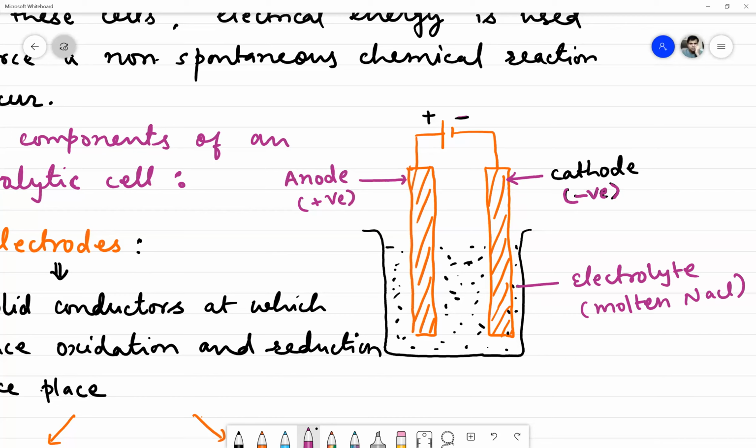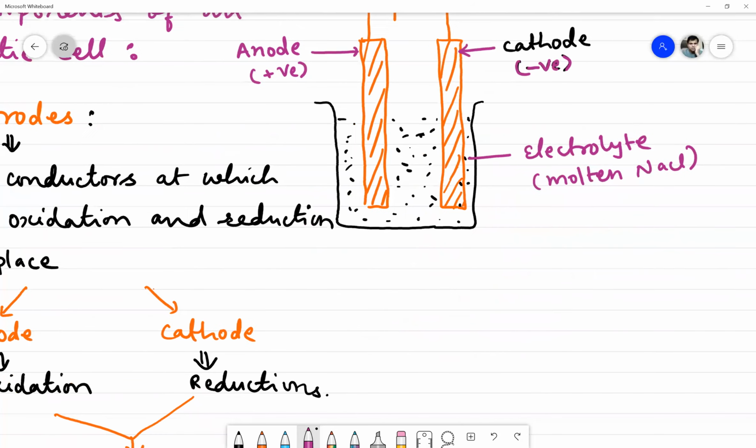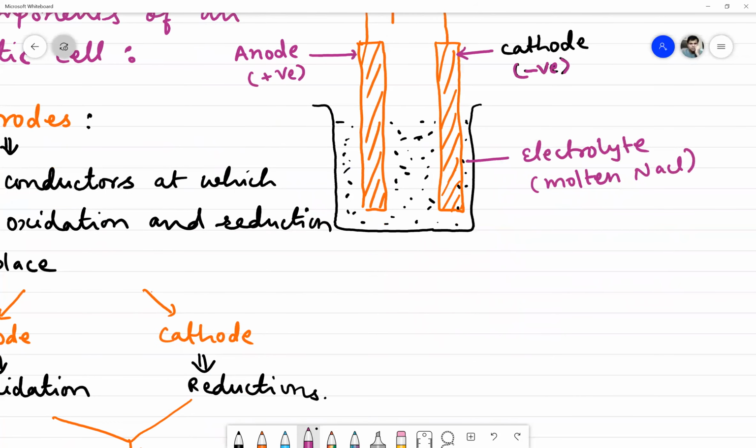All right, so what is happening when we pass the electricity through this cell? Electrolysis takes place, a phenomenon called electrolysis.